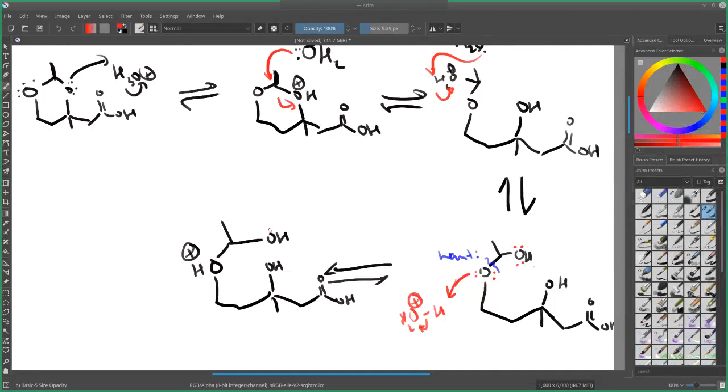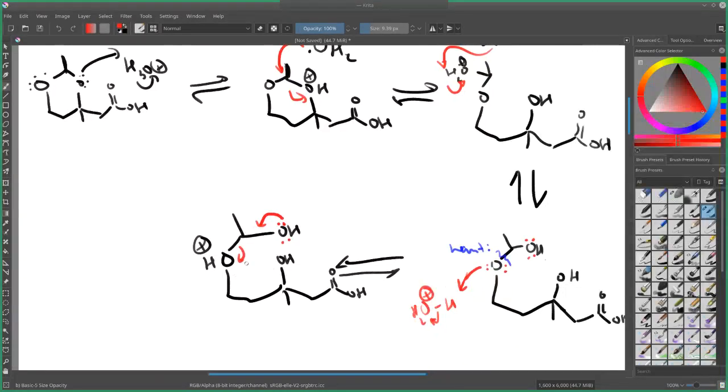So from there, we want the alcohol to remain on this long chain and get rid of this other stuff and turn it into the ketone. So we will go ahead and start turning it into a ketone, make our alcohol there neutral, and then this stuff will go away elsewhere.